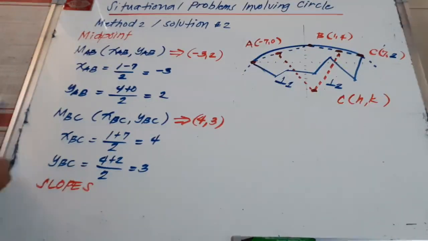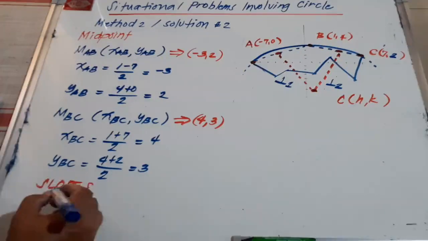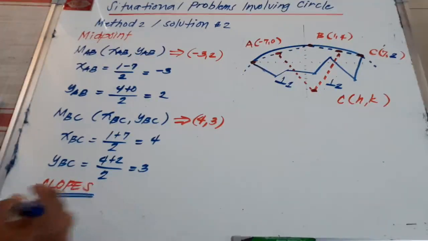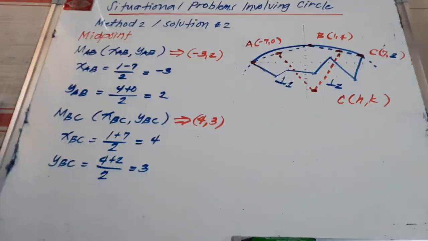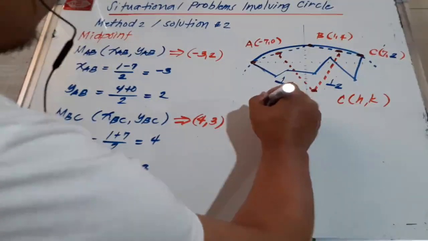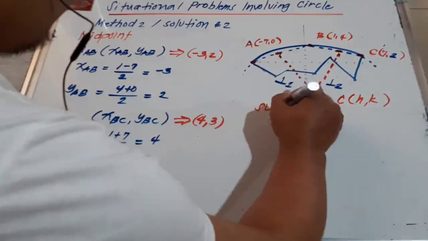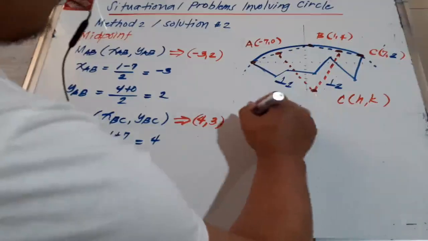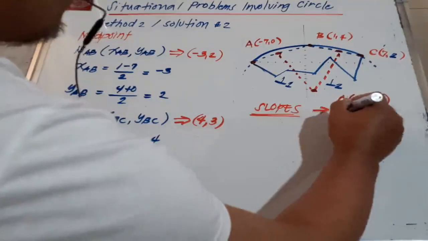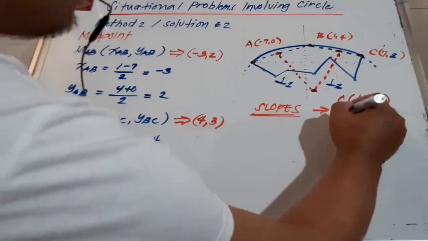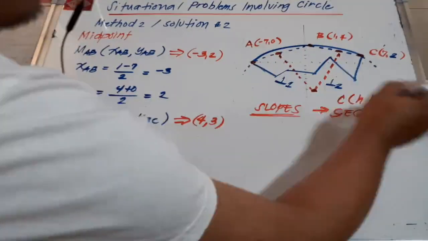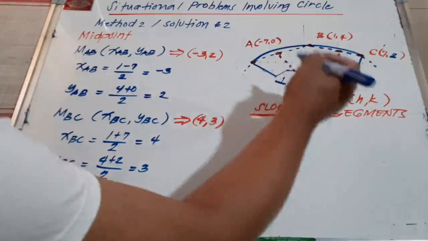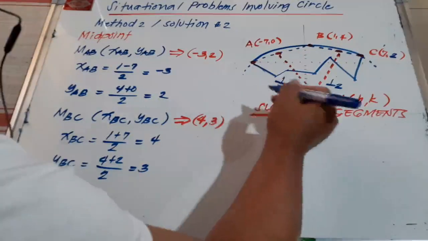Okay, slopes naman tayo. Ito yung mga chords natin, yung mga chord or segments. So, we have slope ni AB.